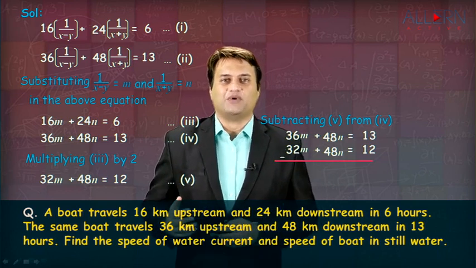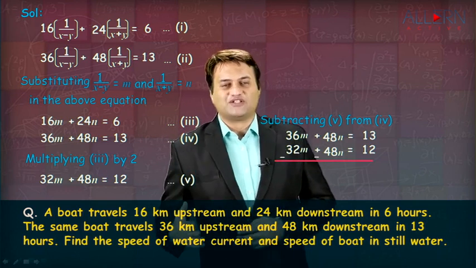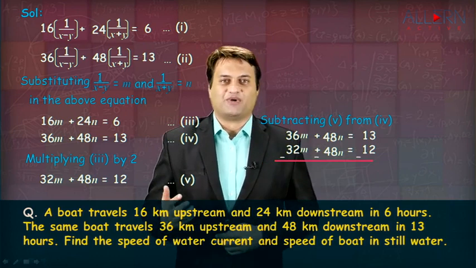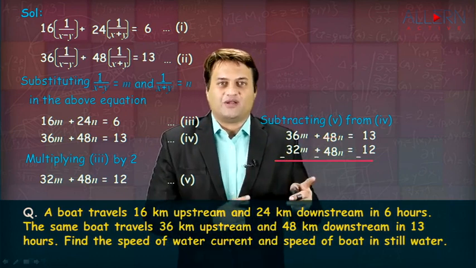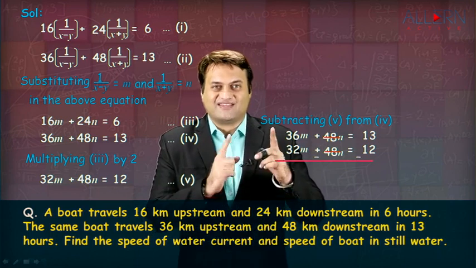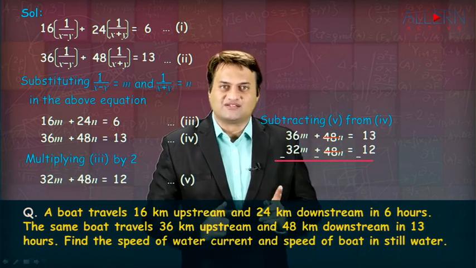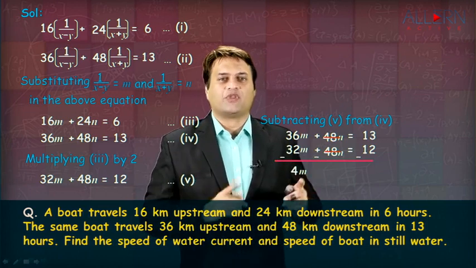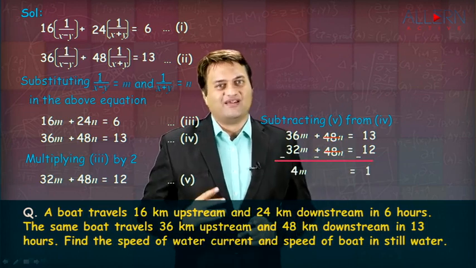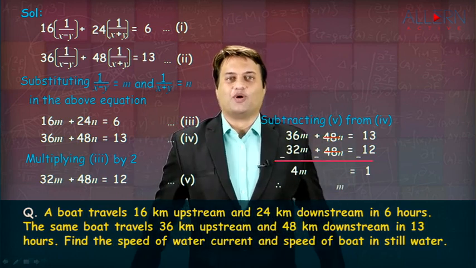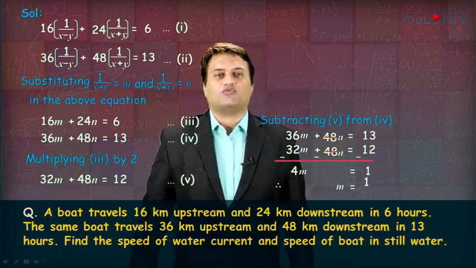Plus 32m becomes minus 32m, plus 48n becomes minus 48n, and plus 12 becomes minus 12. Plus 48n minus 48n gets cancelled. 36m minus 32m will be 4m, and 13 minus 12 is 1. 4m is equal to 1, so m is equal to 1 upon 4.